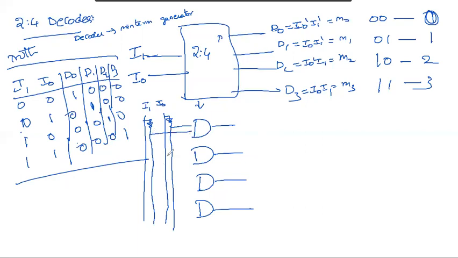Second, I0, I1 bar. For third, I0 bar, I1. For fourth, I1, I0. So this is D0, D1, D2, D3. Right? So we call the decoder a minterm generator because all these terms are minterms.